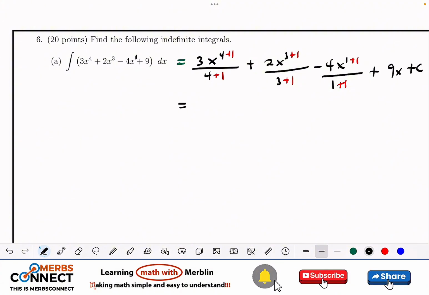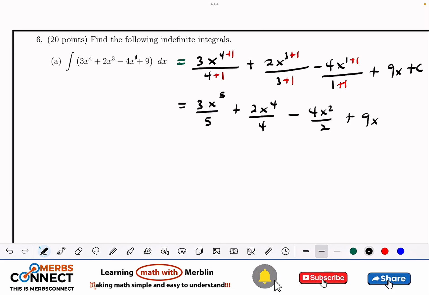Then what I just need to do is simplify. This is going to be 3x to the power 5 divided by 5, plus 2x to the power 4 divided by 4, minus 4x squared divided by 2, plus 9x, plus c.